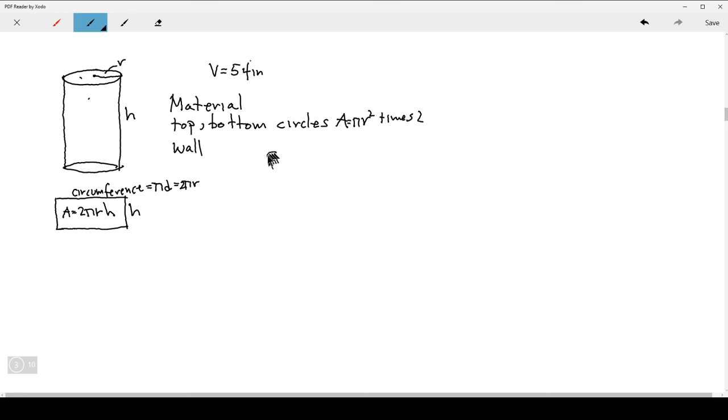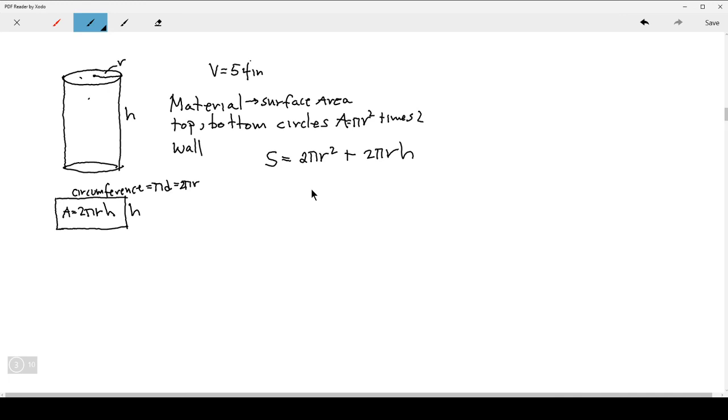So the surface area, S, of this can, which represents the amount of material, is going to be the two circles, twice pi r squared, plus the area of this rectangle, the wall of the can, which is 2 pi r times the height.